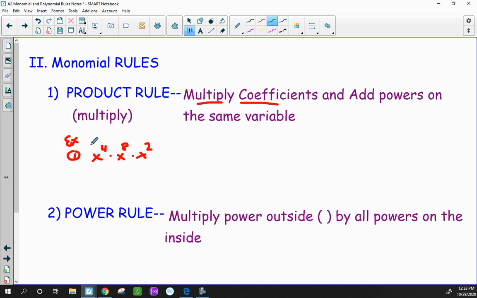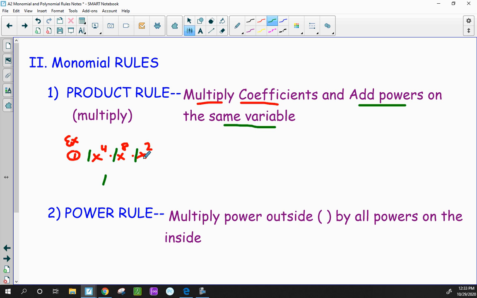So when I look at this one term, I don't see a number here, but we learned from Algebra 1 that it's understood 1. Same deal with the second term and the third term. And so we're going to multiply 1 times 1 times 1, and the answer is going to be 1. We're then going to add powers as long as it's the same variable.